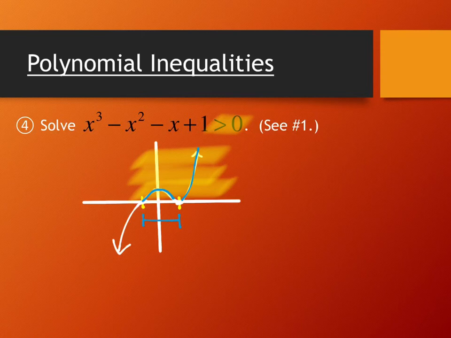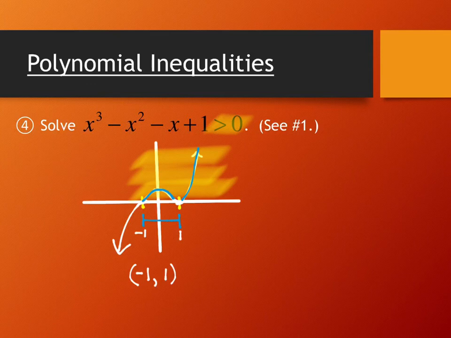Where does it start? Yeah, on the far left, it starts at -1. This value right here is -1. And you're exactly right, Cole, it ends up over here at 1. So from -1 to 1, I have graph pieces that are above the x-axis.